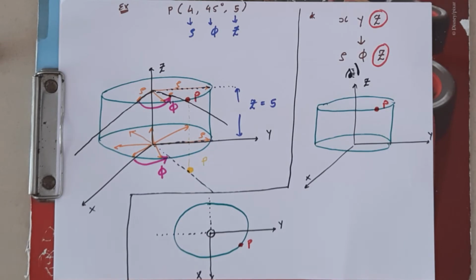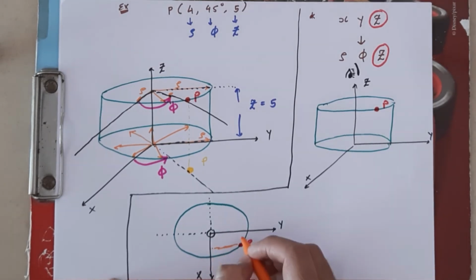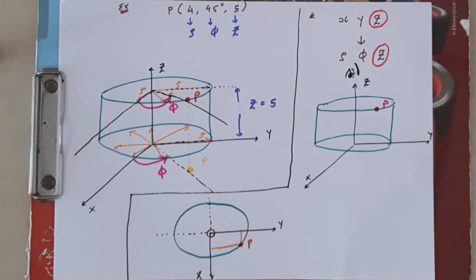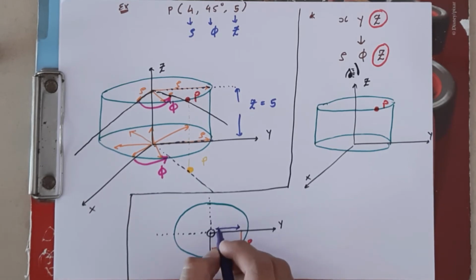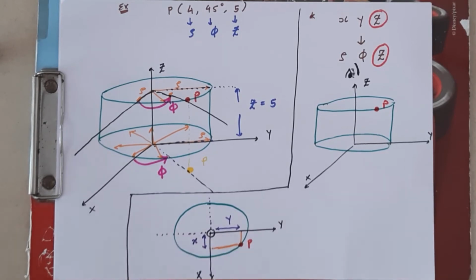We can say that this point covers some distance in the x direction and also some distance in the y direction. The point covers a y distance here, and the point covers an x distance.